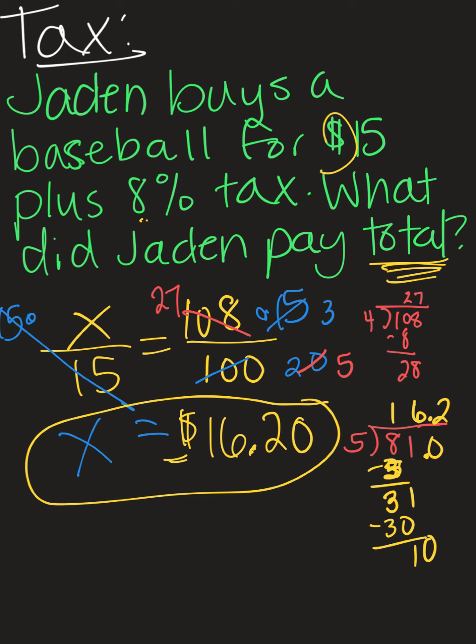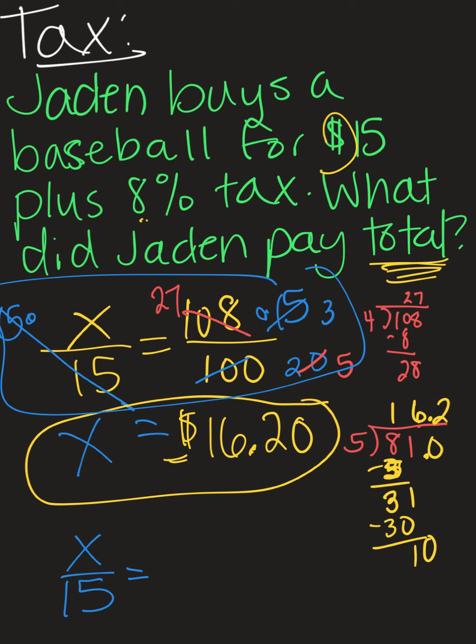Okay. As promised, I'm going to go back and I'm going to rewrite this in percent equation form. Okay. And the big difference here is that instead of using this percent proportion of fractions, basically, I end up using decimals.